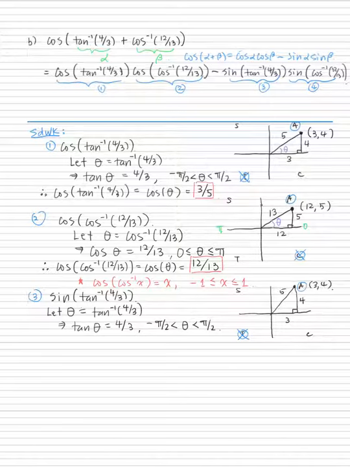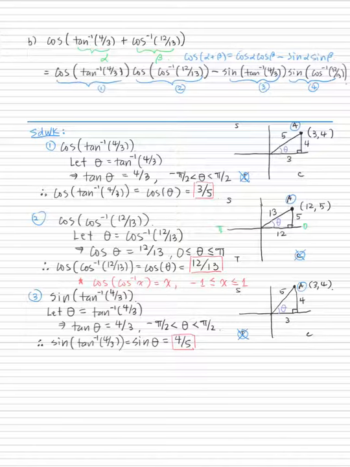All right, so anyways, sine of tan inverse of 4/3 is sine of theta. So sine of theta is opposite over hypotenuse, which is 4 over 5, or y over r, whichever you want to do is fine. So here it is. Okay, we can do this. One more, just one more.